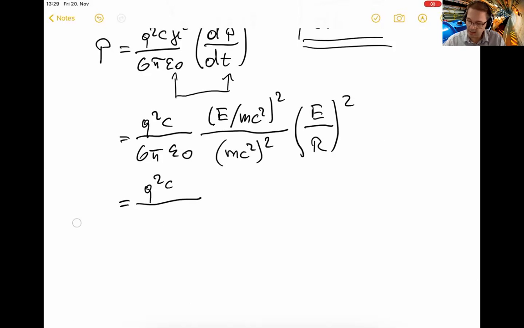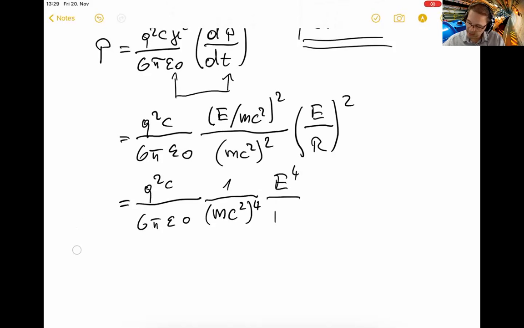Q squared c over 6 pi epsilon 0, times 1 over mc squared to the 4th power, times energy to the 4th power divided by radius squared. So this is proportional to E to the 4th divided by m to the 4th divided by radius squared.